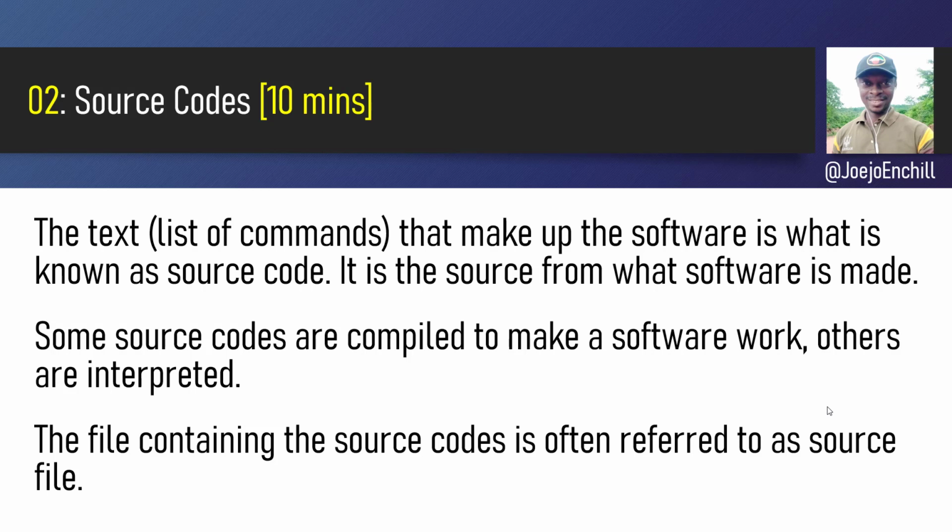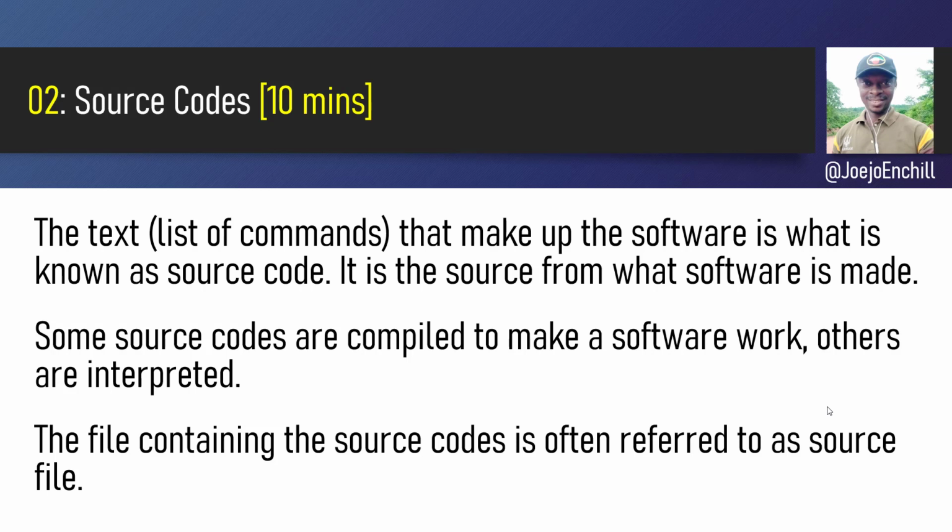Generally, we can group this source code created by the programming languages into two main categories. That is to say, we have the source code that are compiled into executable codes that the computer can easily run before packaging it as a software.